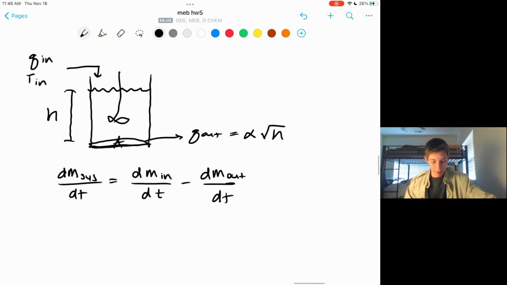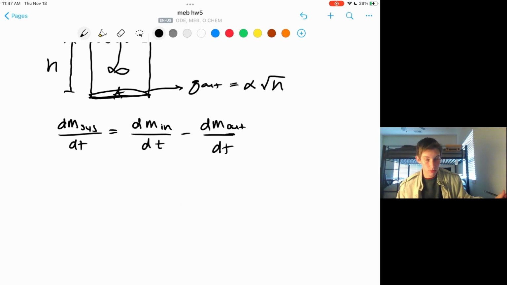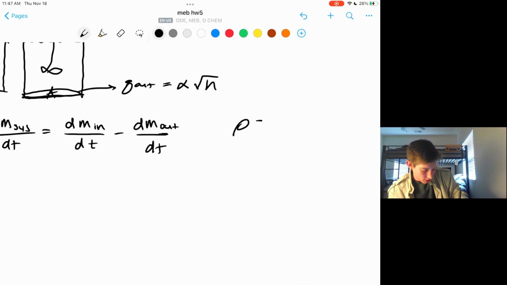We don't have any explicit mass given, but we're working with water in this reactor. So we know the density of water is 1 gram per centimeter cubed. Density equals mass over volume, so mass equals density times the volume.